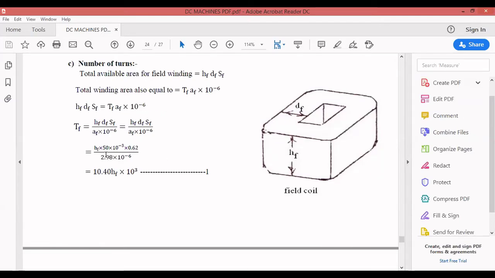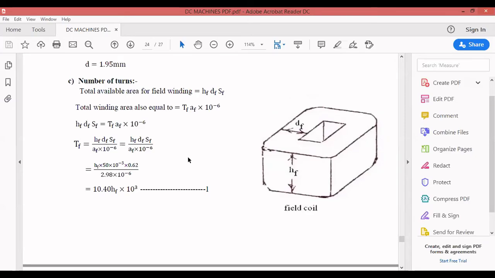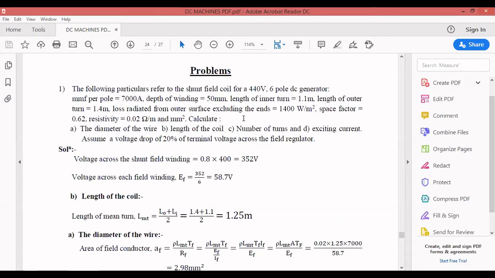Try to substitute now. HF, the height of the field coil, we don't know. Then depth is given. What is the depth of the field coil?